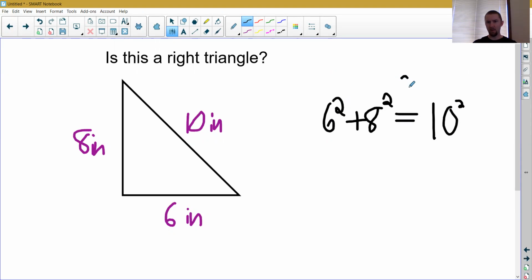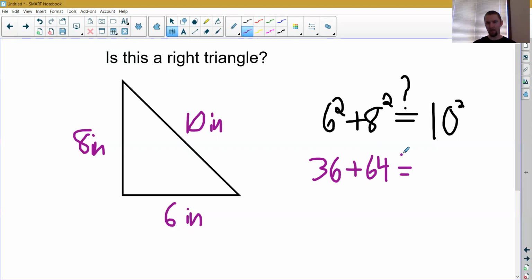This is a big question mark right now. We don't actually know. It might be equal or it might not be equal. So this is just a matter of us doing math on both sides. We don't actually have to square root anything here. I'm going to start by squaring all of my numbers. 6 squared, 6 times 6, is 36, plus 8 squared, or 8 times 8, is 64.